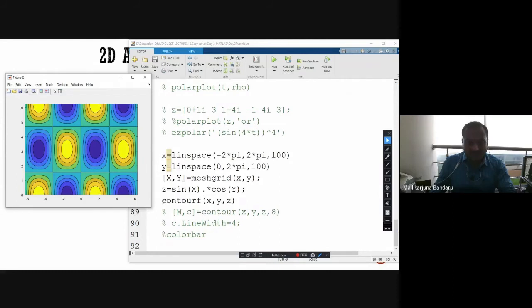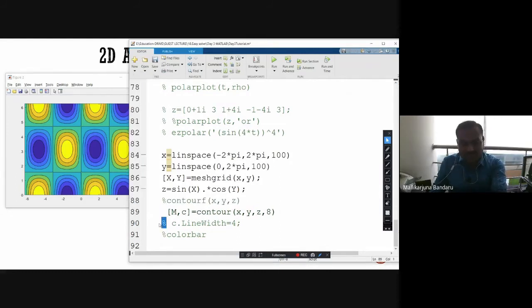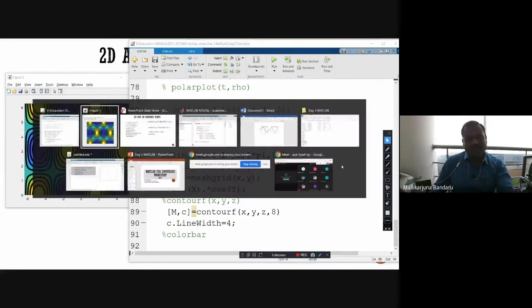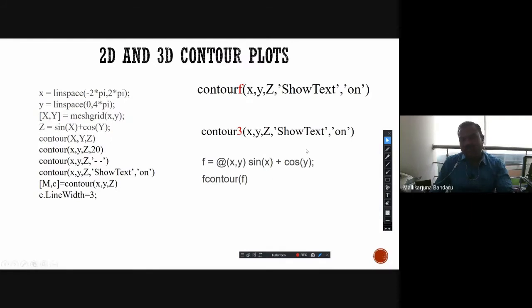I think you can use it in the same way. I think we remove this, and here itself we use contour F. Then see what it means. M comma C contour F. We feel what exactly the thickness is in that. And there is one more syntax for that, contour 3 dimensional, of course.